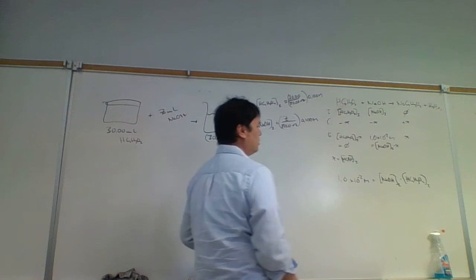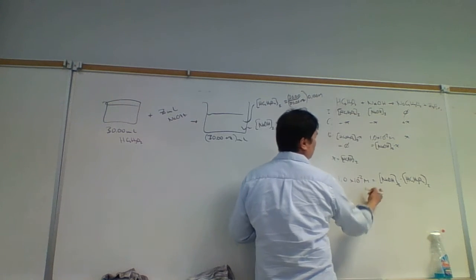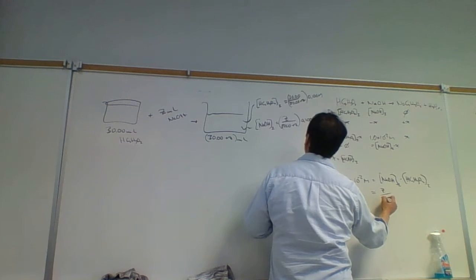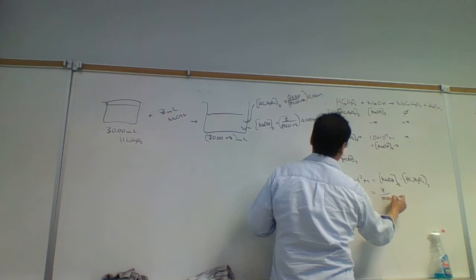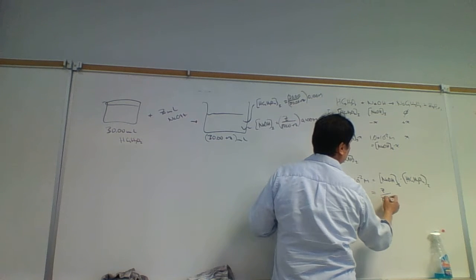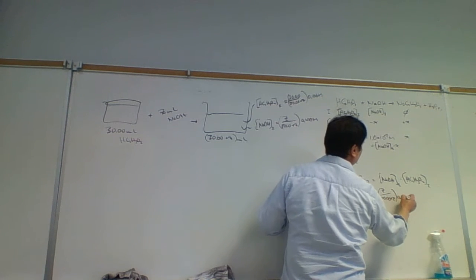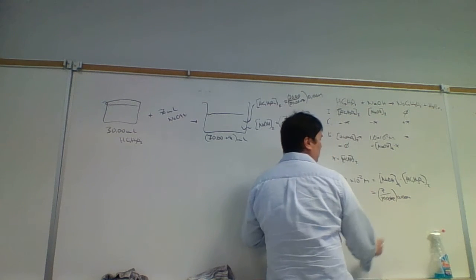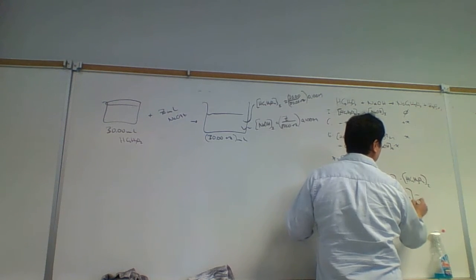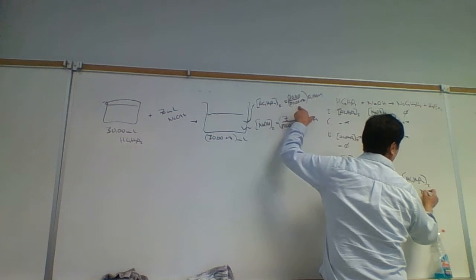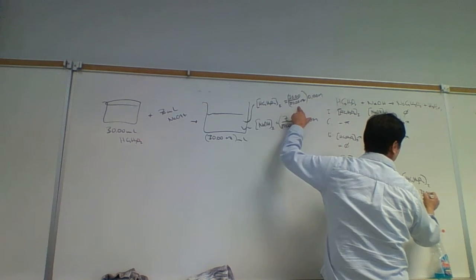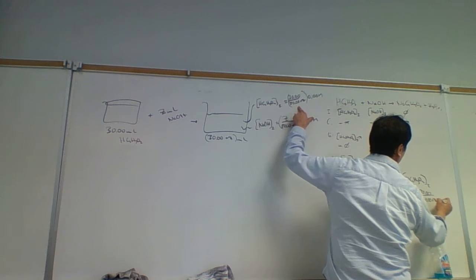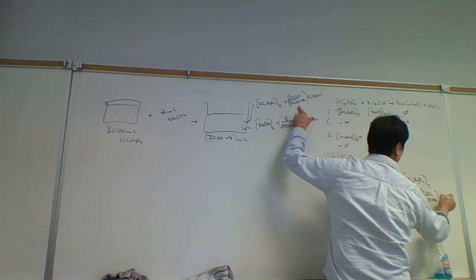Well, let's go ahead and substitute. The concentration of sodium hydroxide initial is just Z over 30.00, or excuse me, plus Z times 0.100, minus the concentration of acetic acid initial, which is 30.00 over 30.00 plus Z times 0.100.